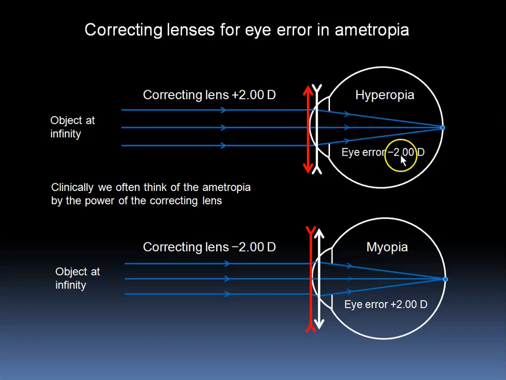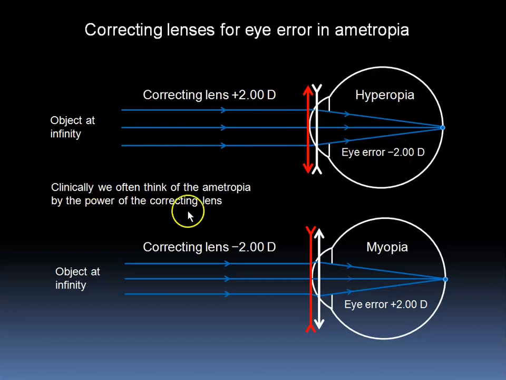In other words, it has an eye error of -2, meaning that in this example of a 2-diopter hyperopic eye, it is missing 2 diopters of converging power. We could put a correcting lens in front of +2 to compensate for that.